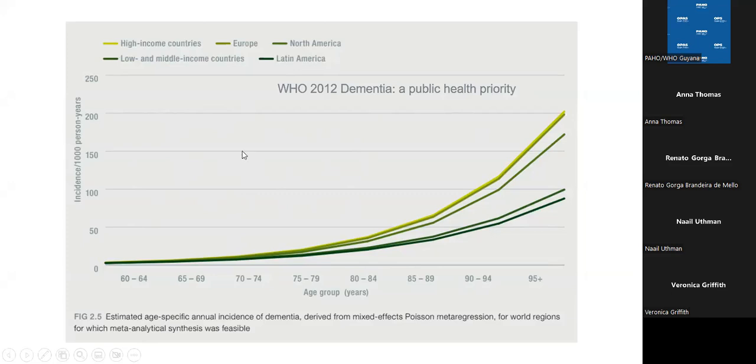And the longer they live, the greater is the risk for dementia. Dementia is an important side effect of living longer. Living longer is a human conquest, but it comes with a side effect, and the side effect is dementia.